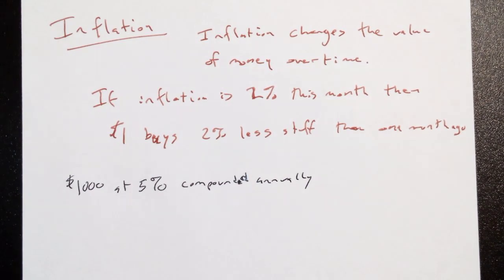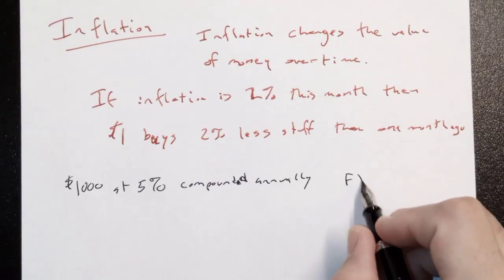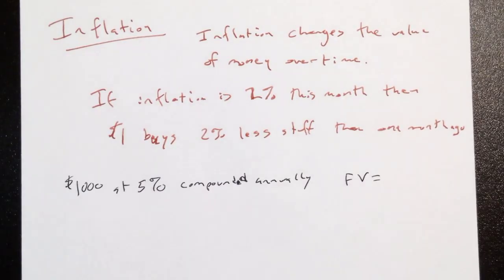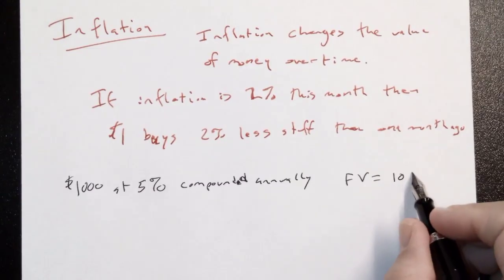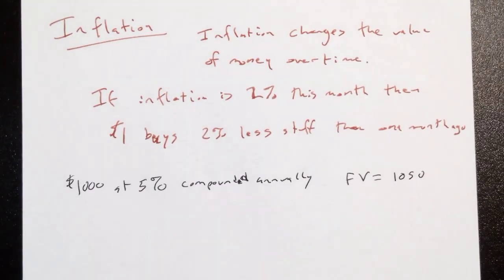What do I have at the end of a year? In addition, my interest is $50. So I end up with a future value of $1,050.